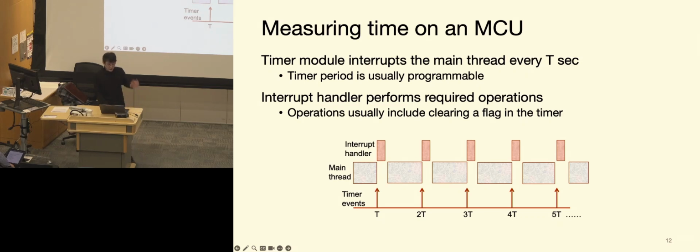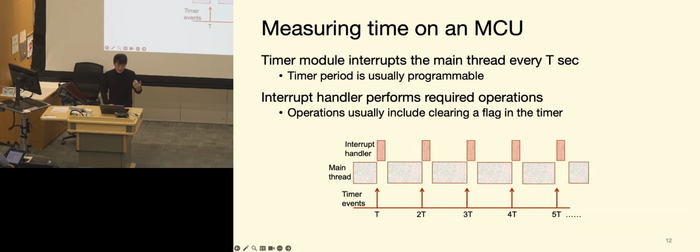So this is one of the examples of how measuring time on an MCU works. Basically, we set a timer, which acts as an interrupt to go off every t seconds. Every time we enter the interrupt function, we do the tasks, and usually it's very short.